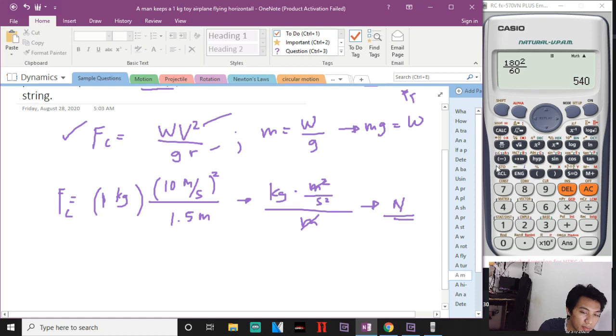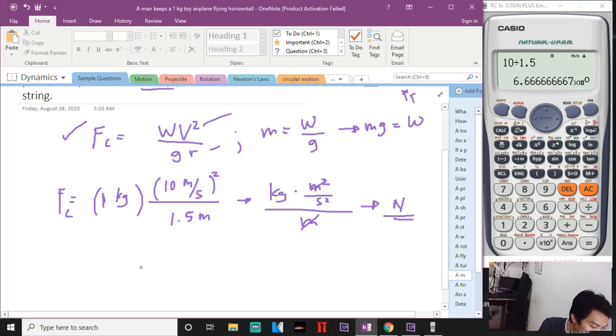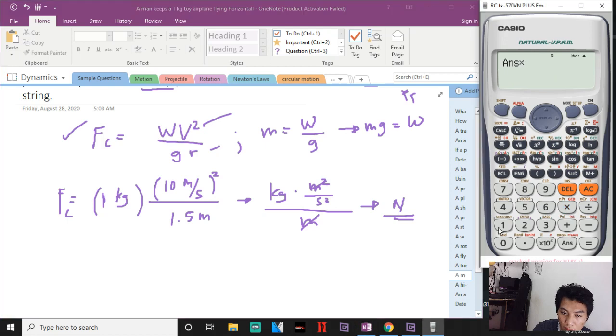So, let us solve 10 divided by 1.5. Basic lang to. 10 divided by 1.5 equal to 20 over 3 or 6.67. Ay, nakasquare pala. Sorry. Times 10 ko na lang.